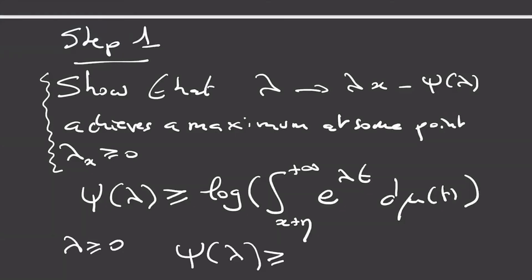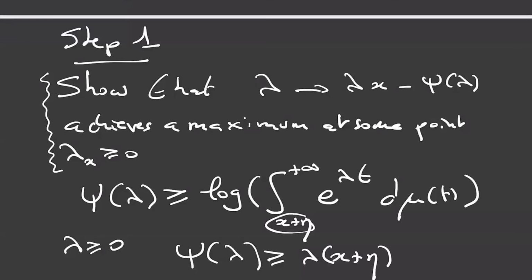So the log of the integral will be larger than the log of the value of the function at this point, that is lambda times x plus eta, times the measure of the interval.